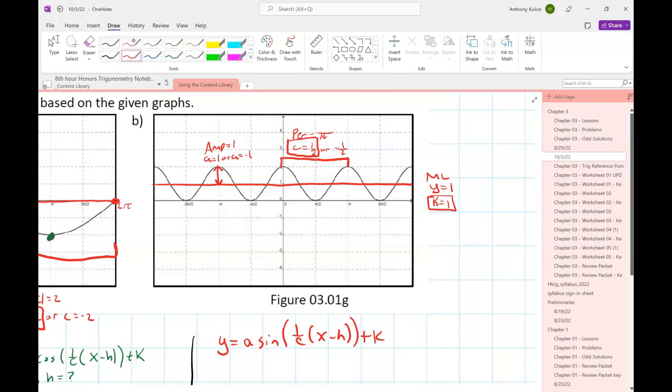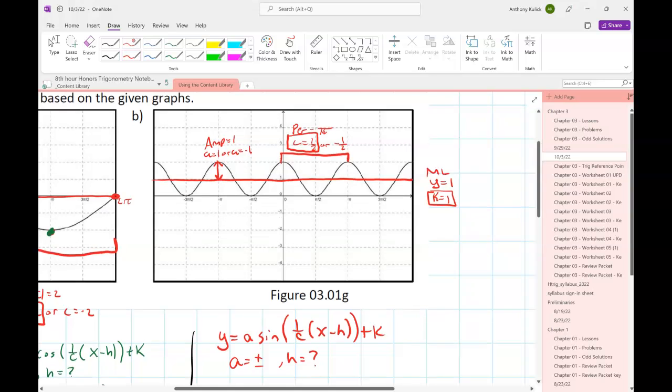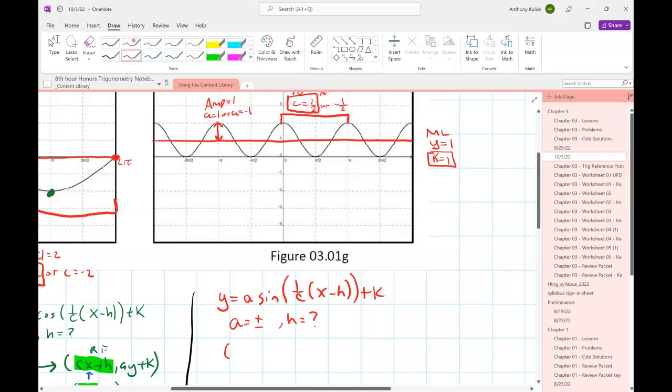We have our value for k, so we need to know now whether a is plus or minus, and we need the value for h. To find these, we're going to use our transformation map.